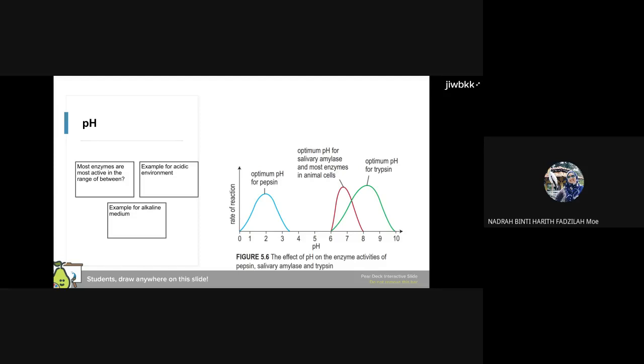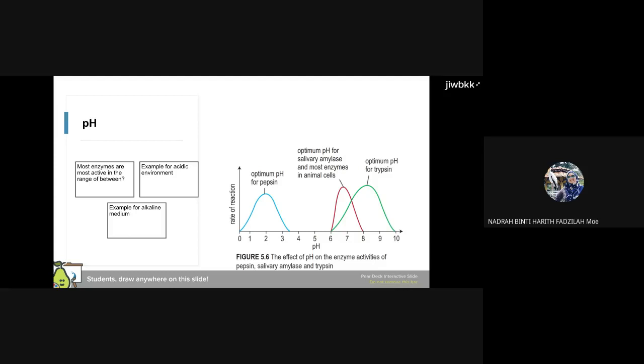Okay, kemudian ada dua example untuk enzim yang bertindak balas dalam pH yang totally different, which is pepsin as an example that can work inside an acidic condition, atau untuk trypsin dia boleh bertindak balas dalam alkaline condition. Itu dia punya optimum pH.